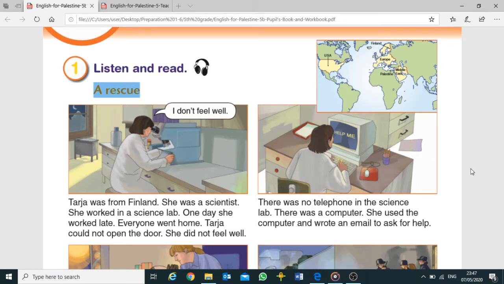Track 56. I'm going to read you a story about a rescue. Tarja was from Finland. She was a scientist. She worked in a science lab. One day, she worked late. Everyone went home. Tarja could not open the door. She did not feel well. There was no telephone in the science lab. There was a computer. She used the computer and wrote an email to ask for help.